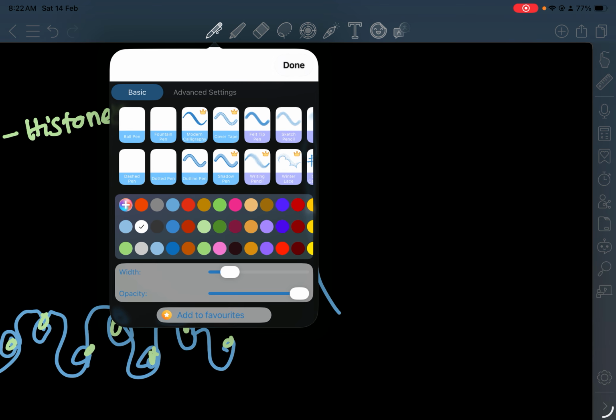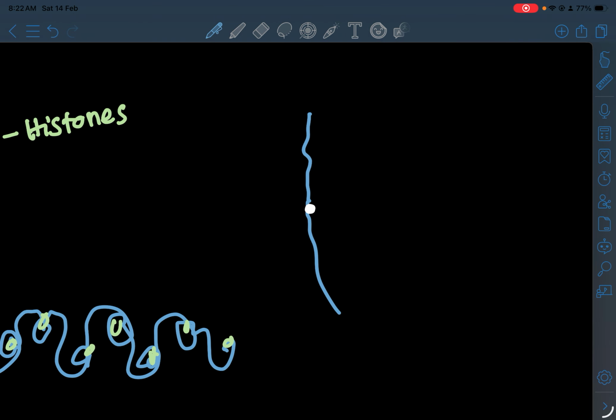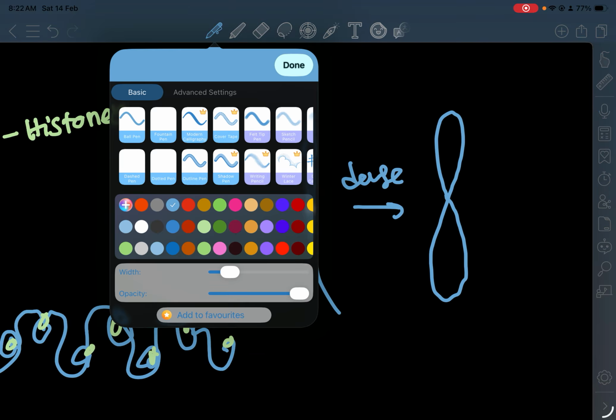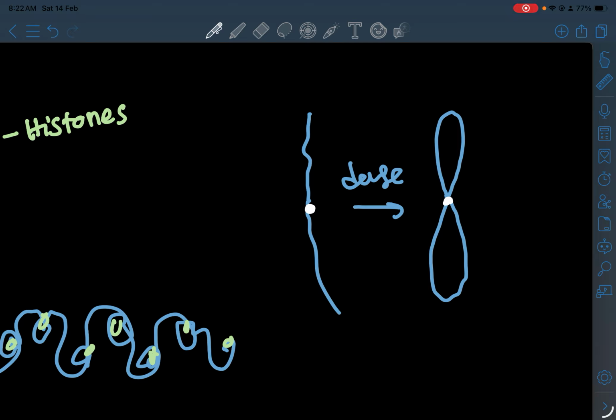Actually, this chromatin is not the typical chromatin that we see during the mitotic stage. This is chromatin, but in dense form, it will form a chromatid. So, in the middle of this chromatid, or in the center of this chromatid, there is a centromere.